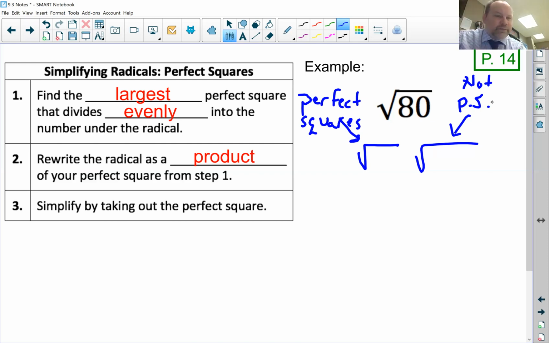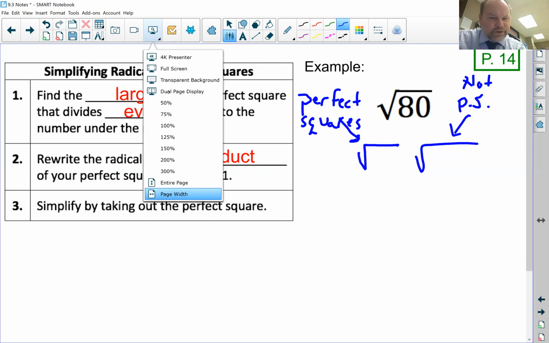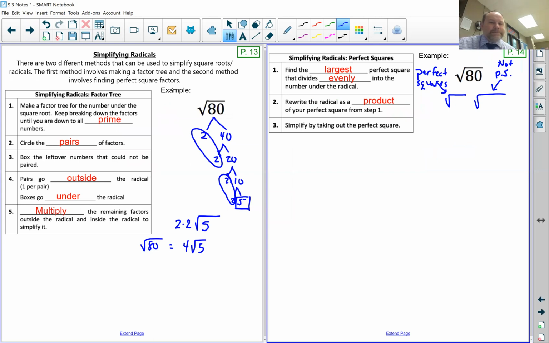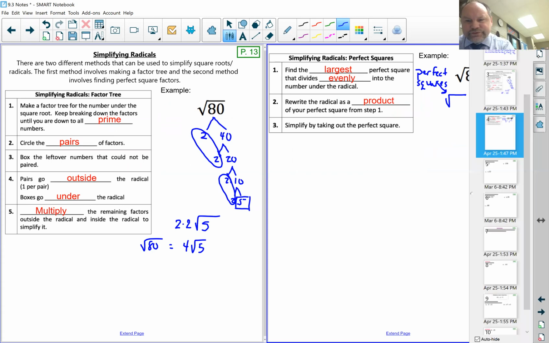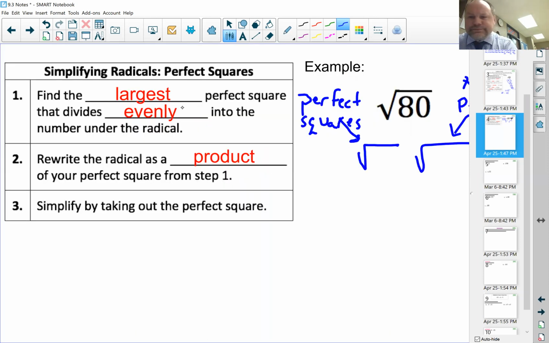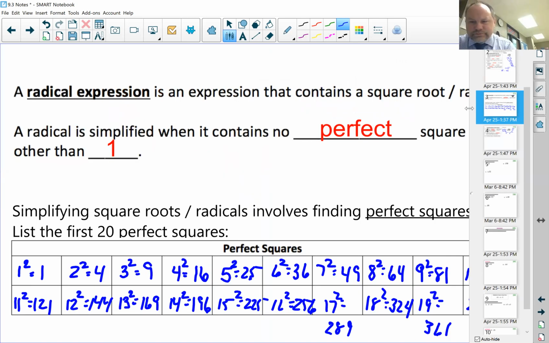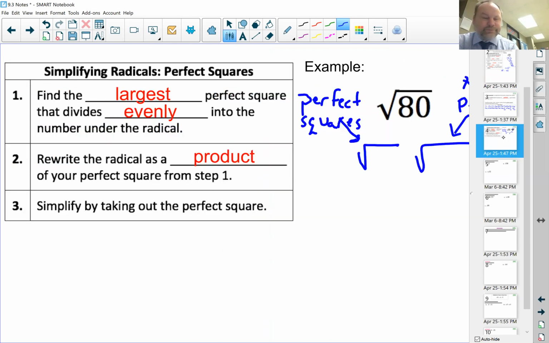So I'm going to put my perfect square list up again. Okay, so whoops, that's not going to be very good. Okay, that's what I want.